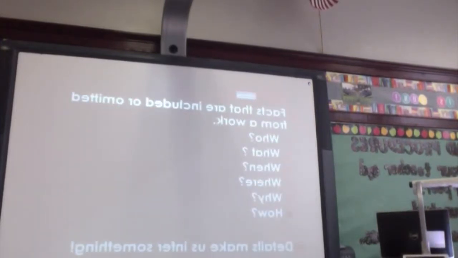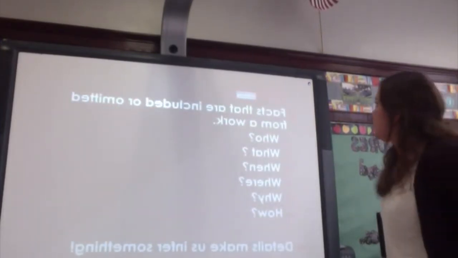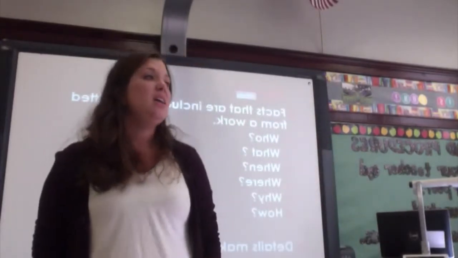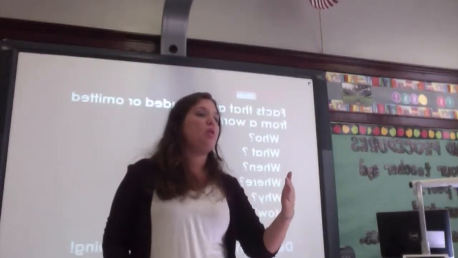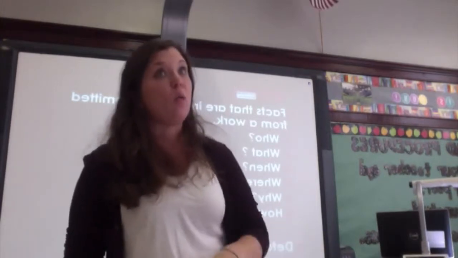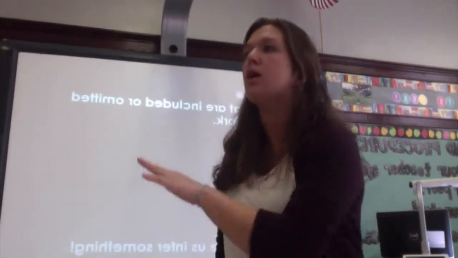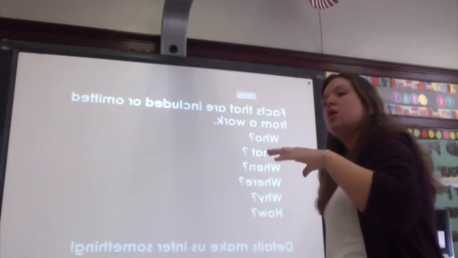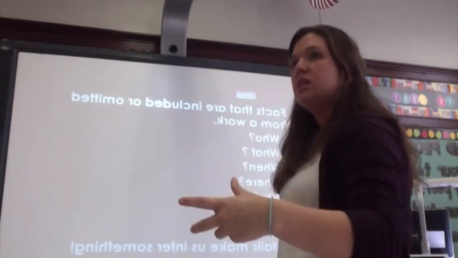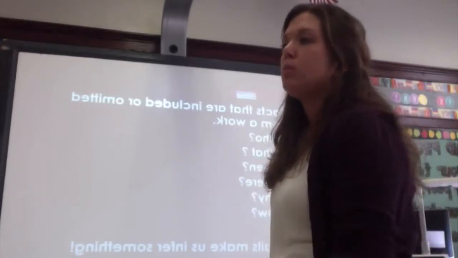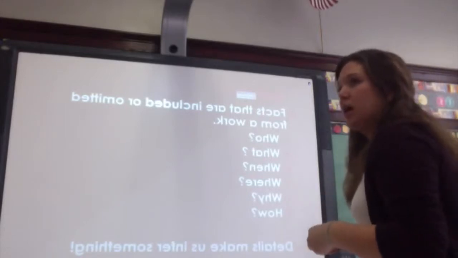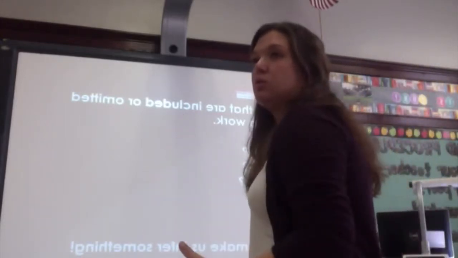All right, and then we have our details. So that's our second D in DIDLES, okay? The who, what, when, where, why, and how. These are important facts that we have to know to be able to move on. We've got to know who we're talking about, why we're talking about them, where they are doing these things that we're discussing, okay? The importance of these details helps us move forward, because if we can't comprehend our basic details, then we're going to have trouble working through the rest of our DIDLES, okay?